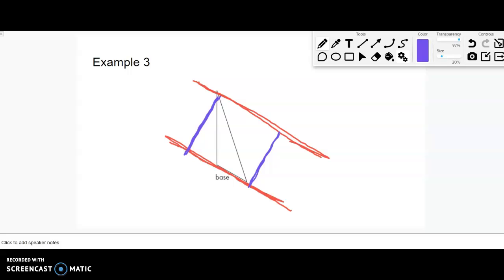Do you see how I made a rectangle? They're not slanty. They're making a 90-degree angle, so that is the height. I extended the base, I made a line parallel to the base, and then I was able to make a line perpendicular in between those two lines. That is one way to do it if you're struggling to find that perpendicular line. Make sure you have that down.